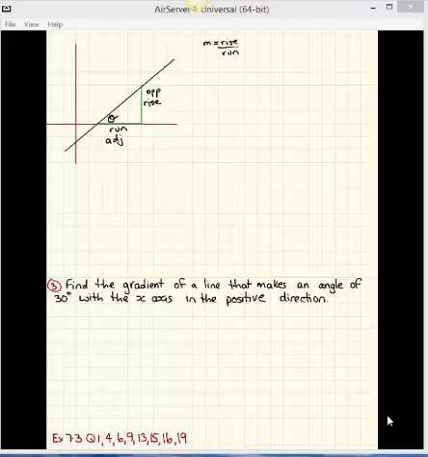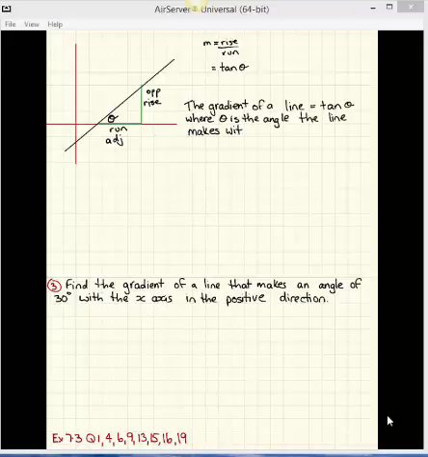That would be tan. So the gradient is also equal to tan theta. Now that can tell us some other information. For instance, what angle the line makes when it meets the x-axis. Okay, so hopefully when you see the example this will make a little bit more sense.